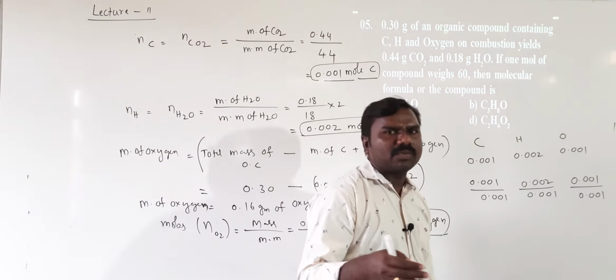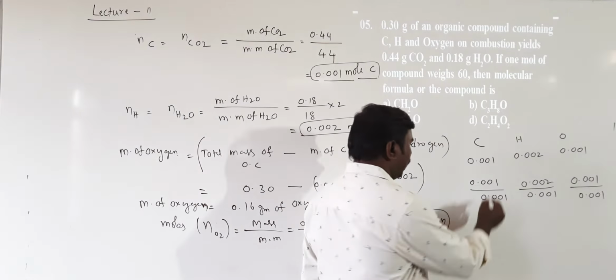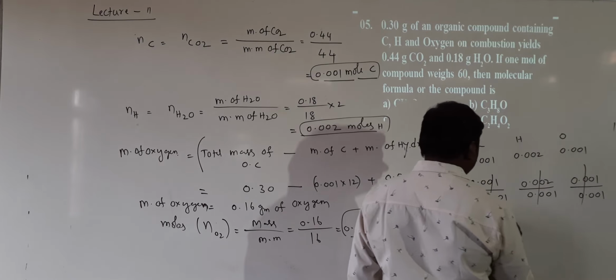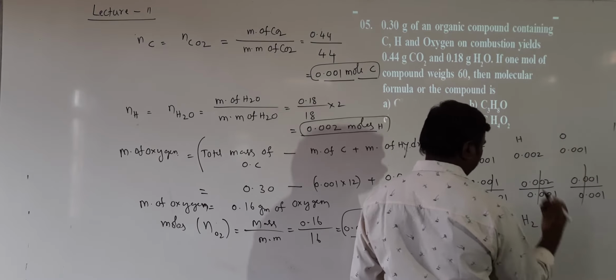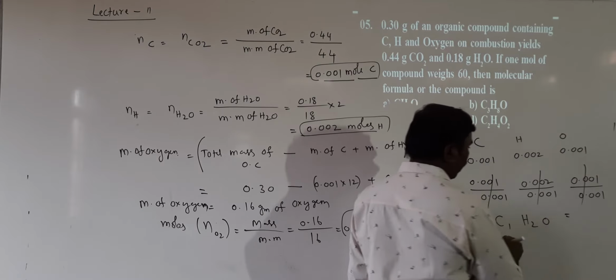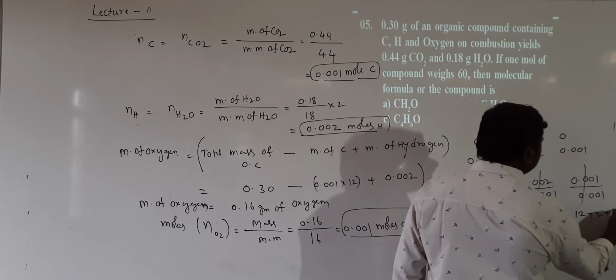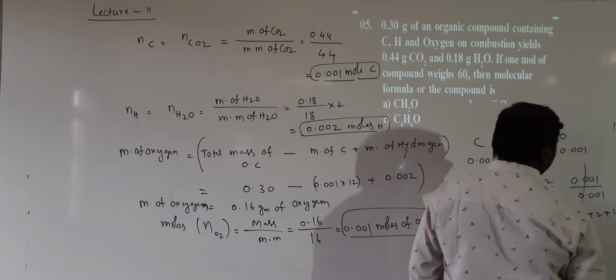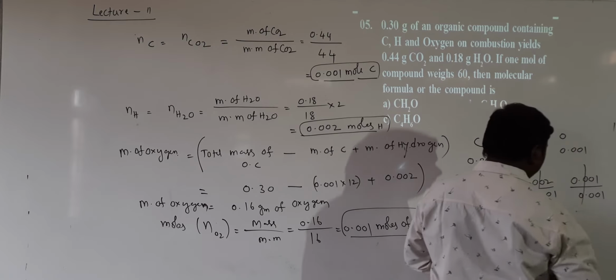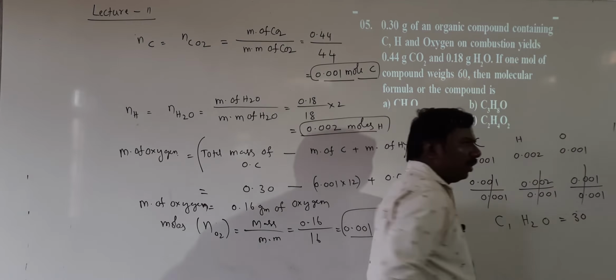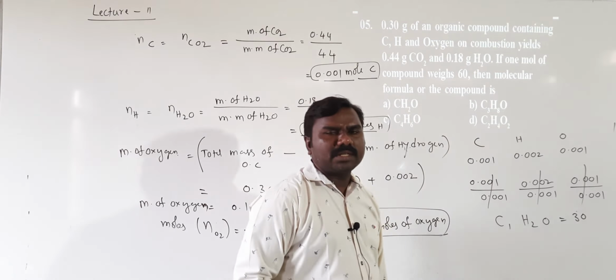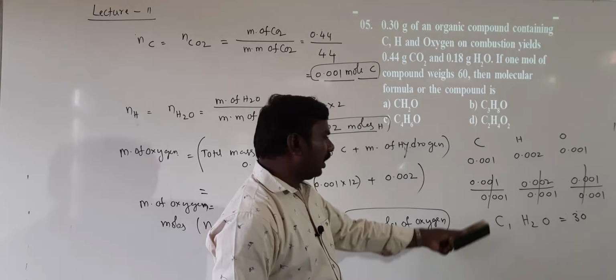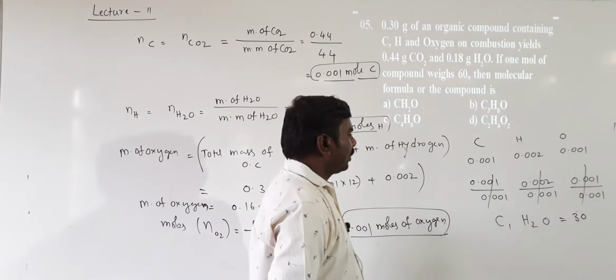Divide all the moles with the smallest mole. You will get 1, 2, 1, CH2O. The mass equals carbon 12 plus 2 plus 16, that is equal to 30. So the total value will be 30: 1 12, plus 2 1s, plus 1 16, totally 30, that is right.